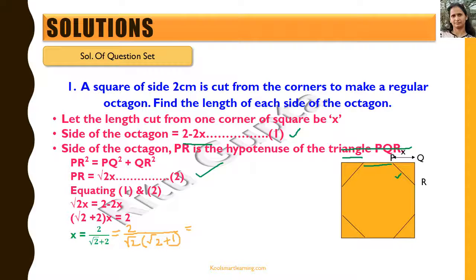So now 2 in the numerator is divided by root 2 in the denominator, and we get root 2 in the numerator divided by root 2 plus 1.